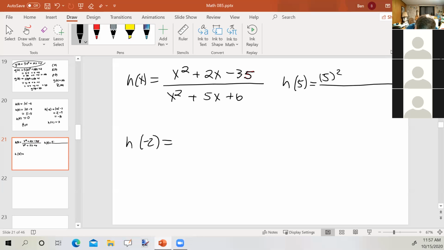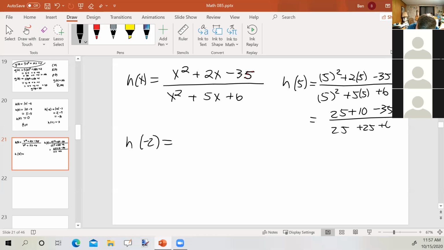So 5 squared plus 2 times 5 minus 35 over 5 squared plus 5 times 5 plus 6. 5 squared is 25 plus 2 times 5 is 10 minus 35 over 25 plus 25 plus 6, which is 0 over 56, which is what?